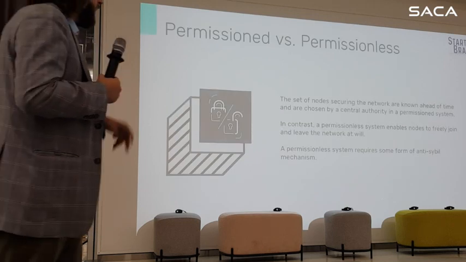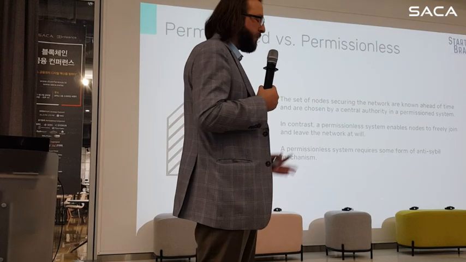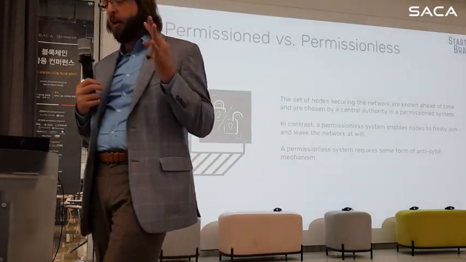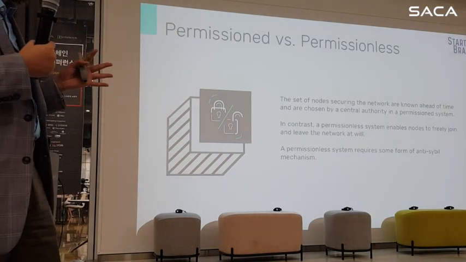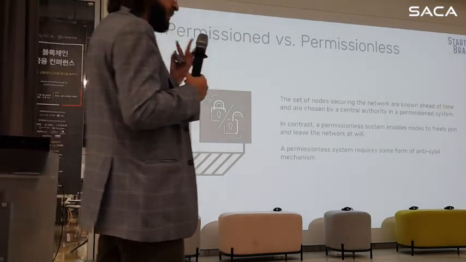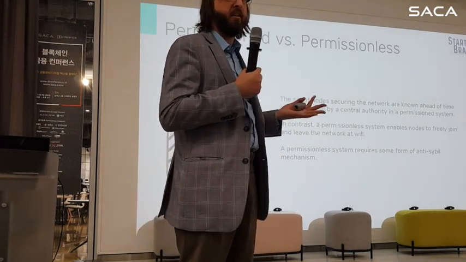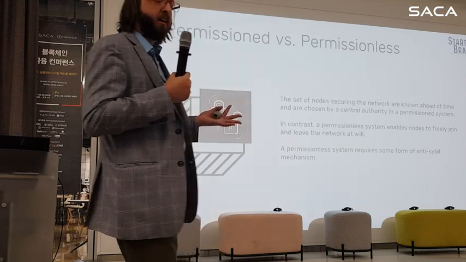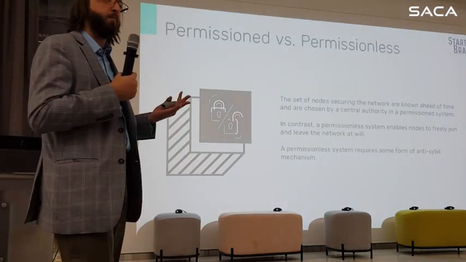So I talked about permissioned versus permissionless. This is really, at the end of the day, how do you achieve permissionless? If you have a permissioned setup, what you want to be able to do is take these classical algorithms and add some type of anti-Sybil mechanism. Sybil is your attacker, and she's able to create identities for free, okay?